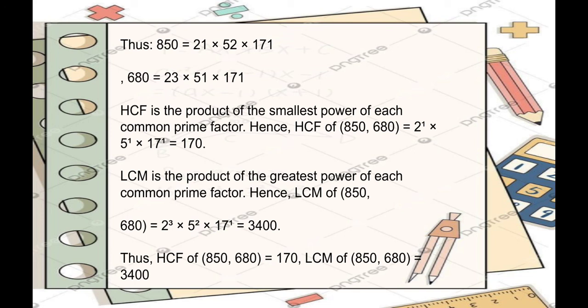So the LCM of 850 and 680 is 2 to the power of 3 times 5 to the power of 2 times 17 to the power of 1, which is 3,400. Thus, the HCF of 850 and 680 is 170. The LCM of 850 and 680 is 3,400.